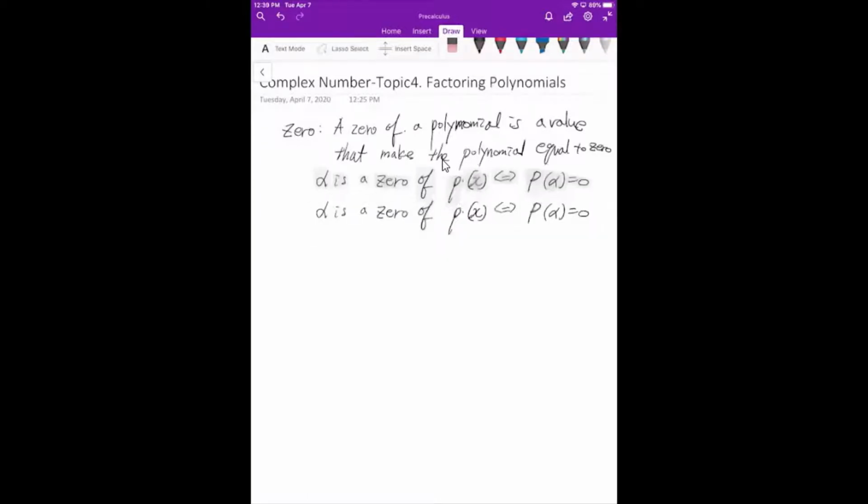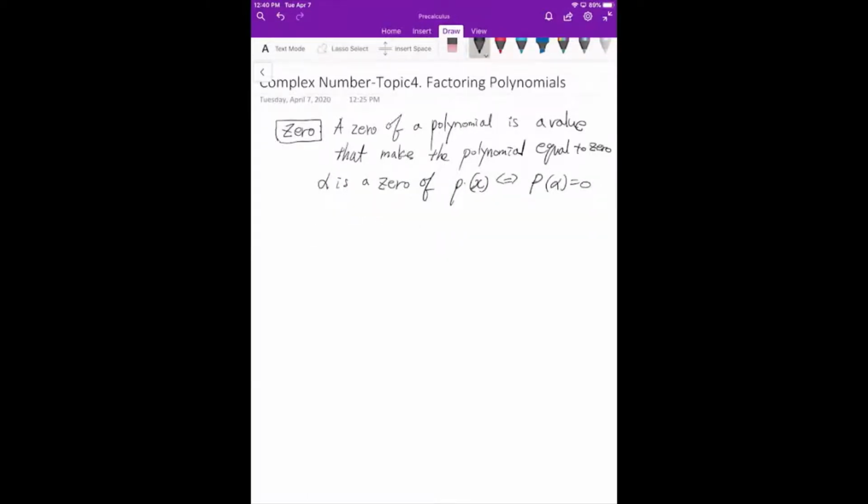So now I'm going to ask you a question. What is another word for zero? Root. Very good. So root is the solution in a quadratic equation, right? So you have a solution or roots. The roots of a polynomial equation are values of the variable which satisfy, or are the solutions to, the equation.